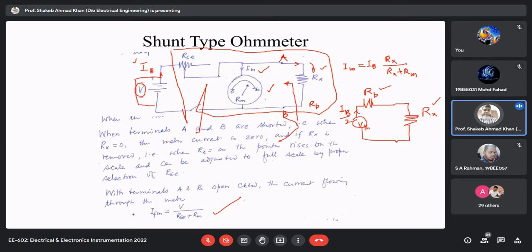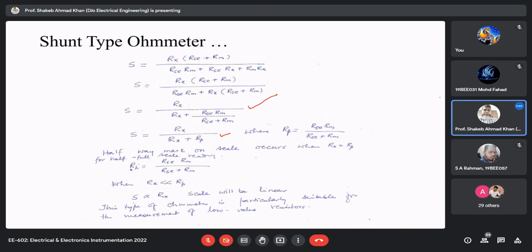So that's what is written here, that halfway on scale occurs when Rx is equal to Rp. So obviously RH is equal to Rx is equal to Rp. So the RH will be equal to this resistance.